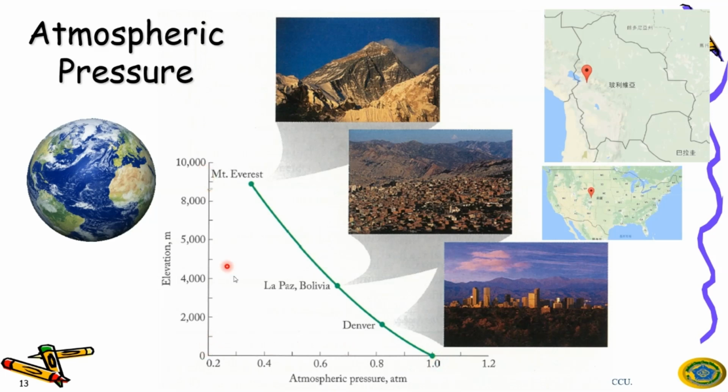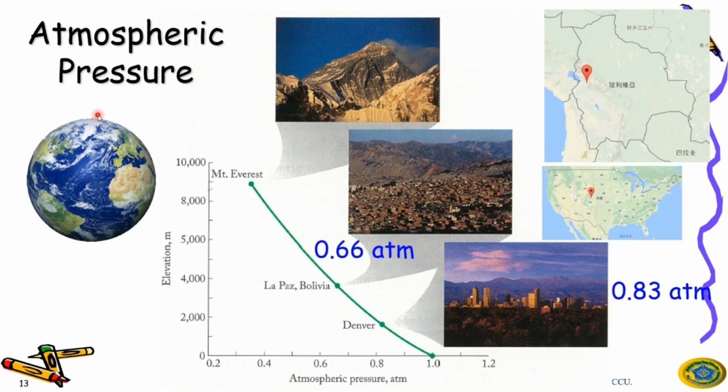This is height, right? If you go to Denver, Denver is in the United States. Okay, the height is about, well, let's say 2,000. So the pressure will be 0.83 atm because you are a little bit higher. So you have less air, okay, to get the pressure.